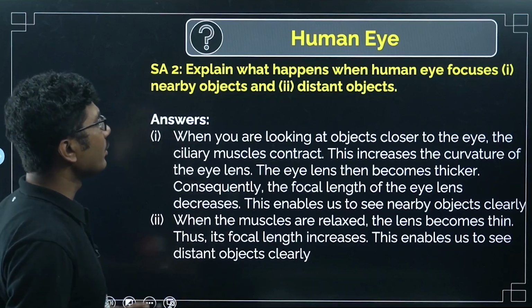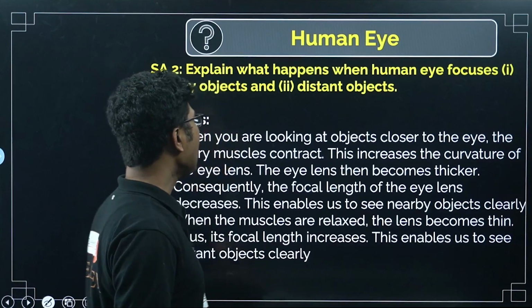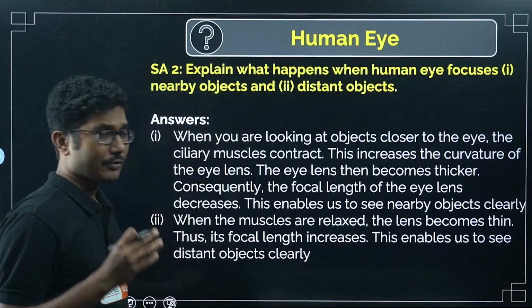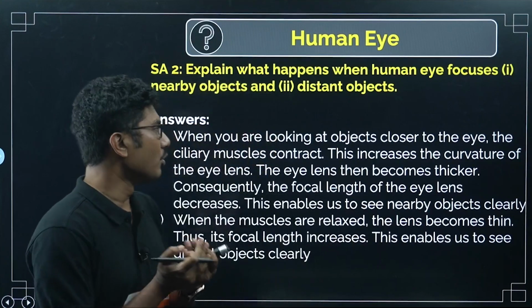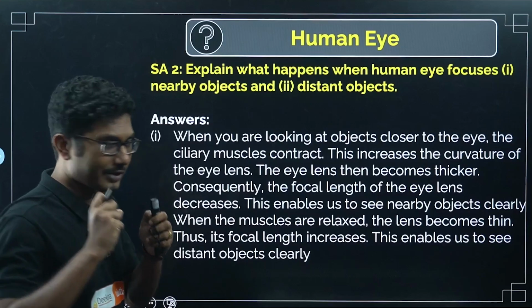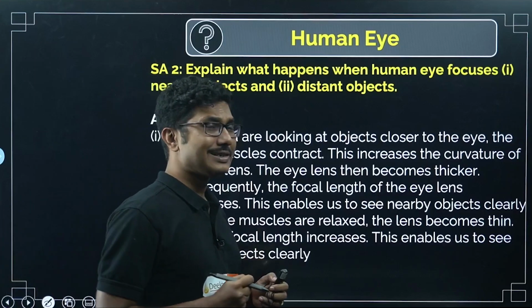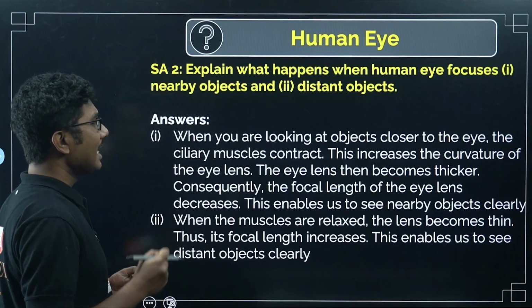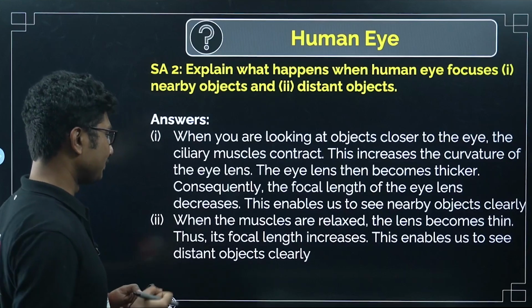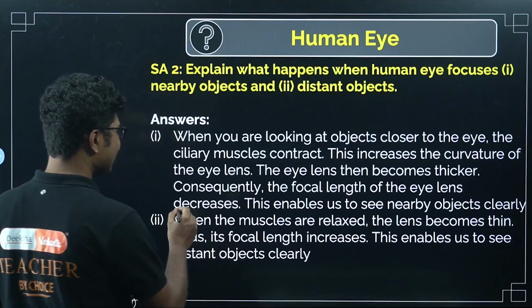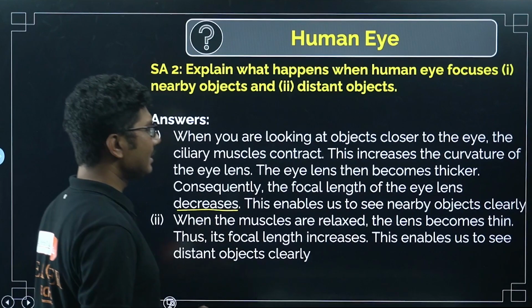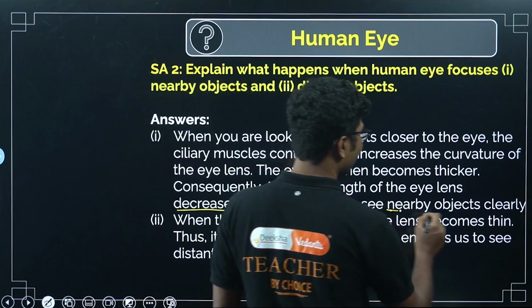When we are looking at objects closer to the eye, the ciliary muscles contract. So when we are observing something very close to us, like reading a book, the ciliary muscles contract. This increases the curvature of the eye lens. The eye lens becomes thicker. Consequently, the focal length of the eye lens decreases. This enables us to see the nearby objects clearly.